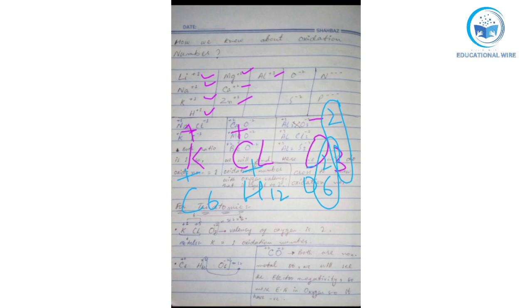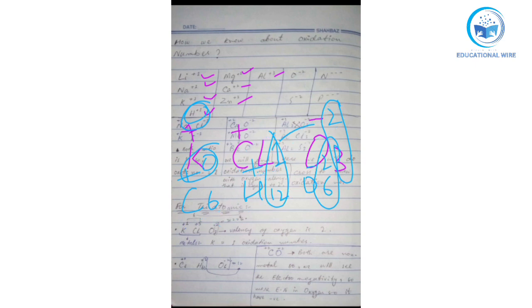We know that the oxidation number of hydrogen is 1. So 12 ones are 12. 6 2s are 12 and 12 ones are 12. So it means there is no oxidation number in carbon. 0 oxidation number in carbon, hydrogen +1 oxidation number, and oxygen -2. Okay, in this method we can find the oxidation number.